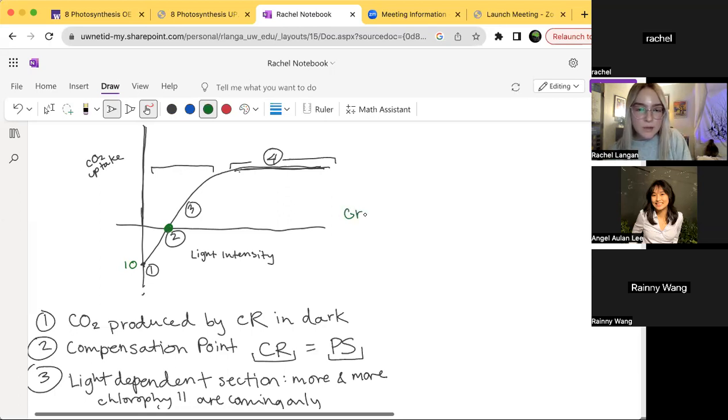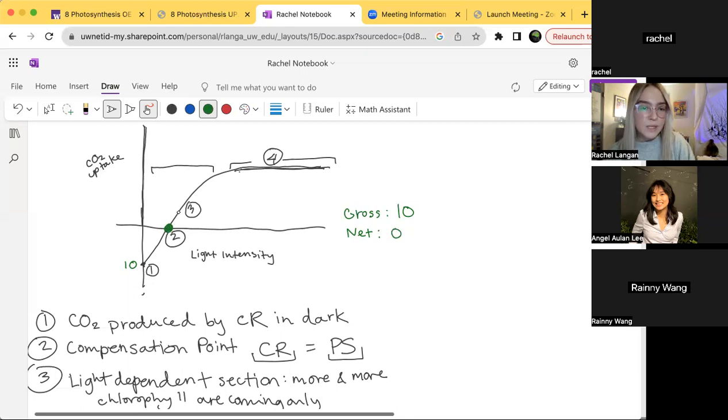Gross is total photosynthesis, and net is photosynthesis minus whatever's happening with cellular respiration. At the compensation point, where we're at 0, the gross photosynthesis has to exactly equal cellular respiration. So the gross photosynthesis would be 10, and the net photosynthesis would be 0.